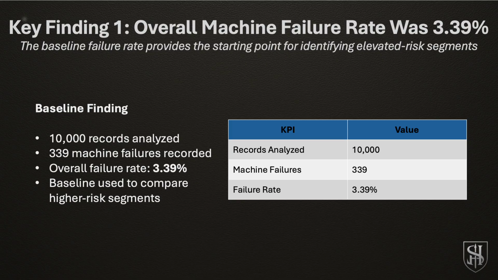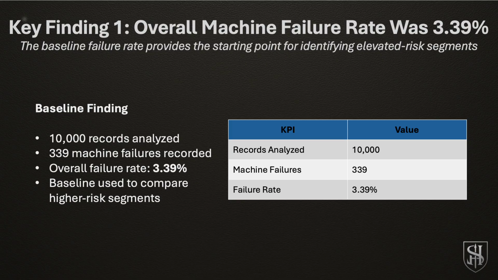This finding is important because it establishes the baseline for the rest of the analysis. The overall failure rate gives leadership a reference point for determining whether certain product types, operating conditions, or tool wear levels show elevated risk. In other words, the 3.39% failure rate is not the final conclusion. It is the comparison point.